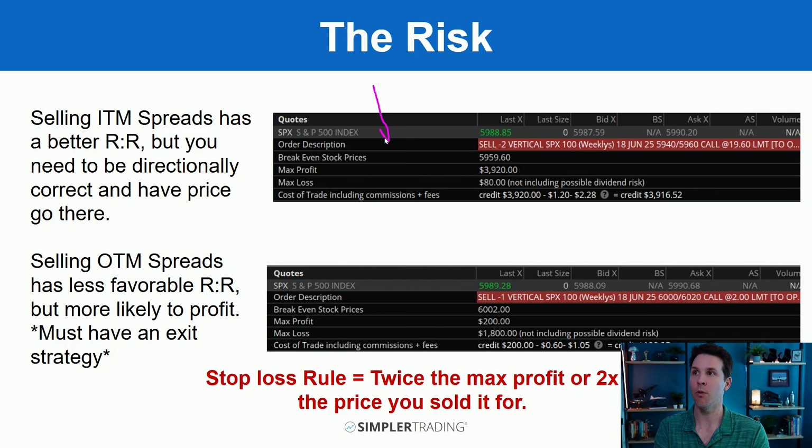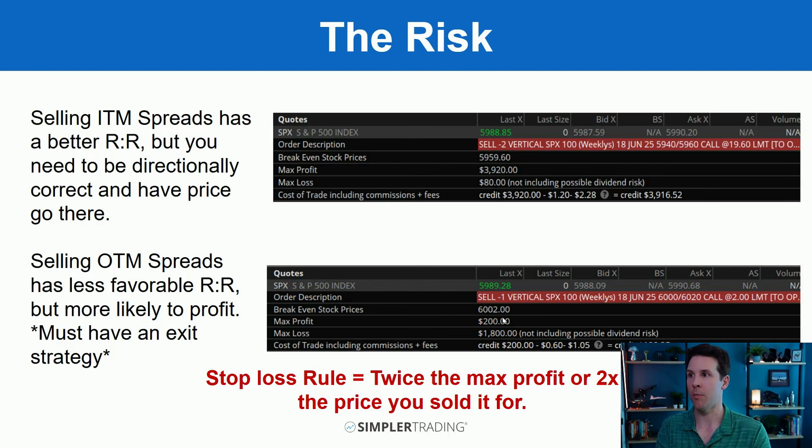This example was so far in the money, it was unlikely that price is going to go down there. It just isn't going to. So that's why it says you can make more based on less, because it's probably not going to work. Okay, so that is something that you need to look at, and you can see here this is what it looked like. I just did something that was deep in the money. Now, selling an out of the money spread has a less favorable risk to reward.